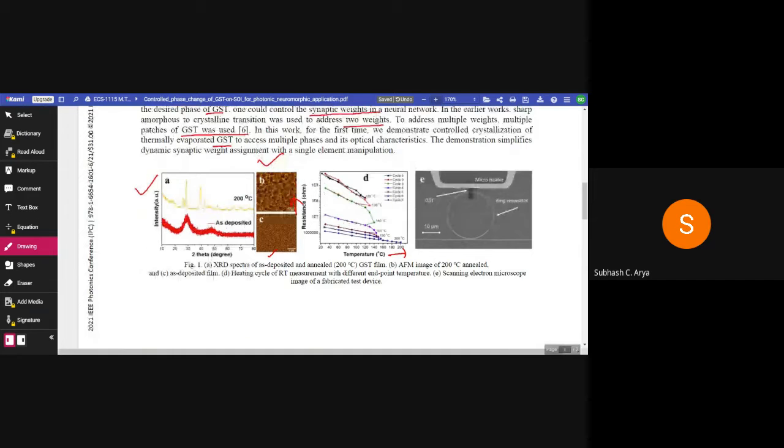So this is the temperature versus resistance. And this is a scanning electron microscope image of the fabricated test device, so this is a ring resonator.